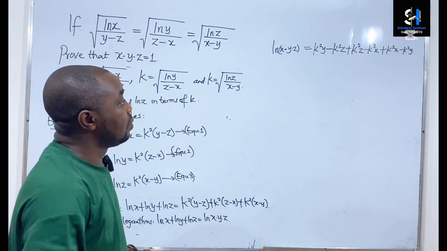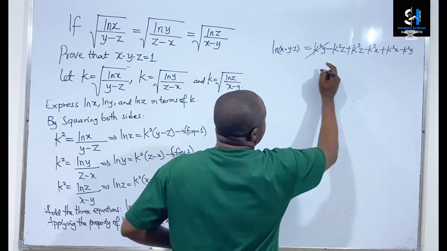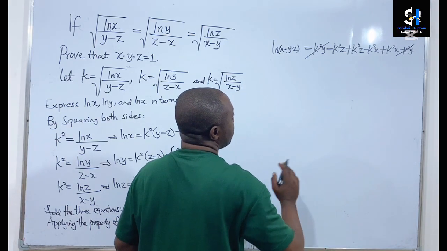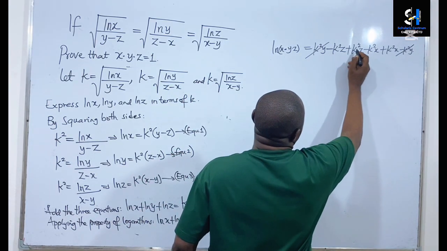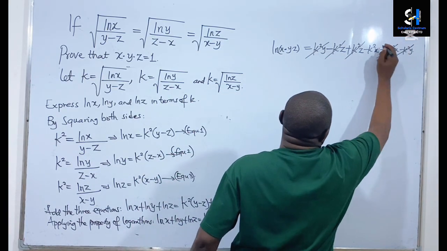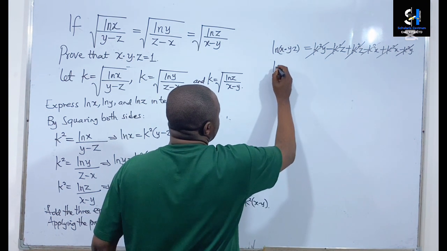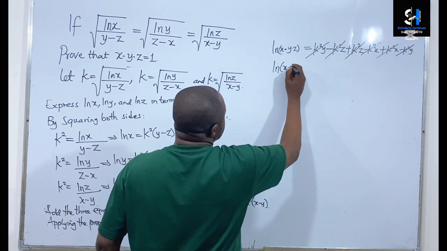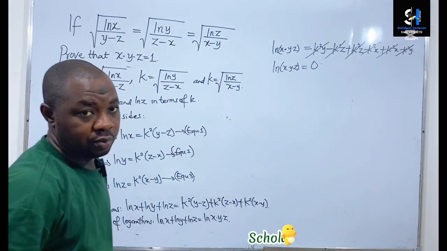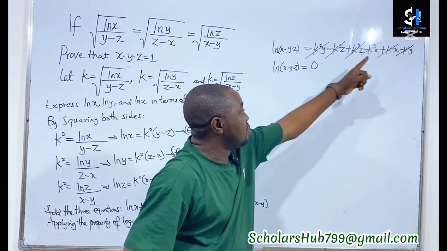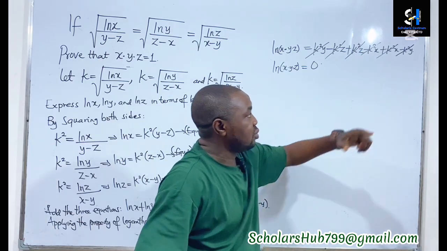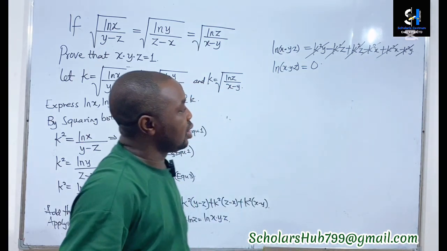Now we can see that k squared y and minus k squared y equals 0. Then negative k squared z plus k squared z also equals 0. Minus k squared x plus k squared x is also 0. So we are left with ln xyz on the left hand side equals 0.